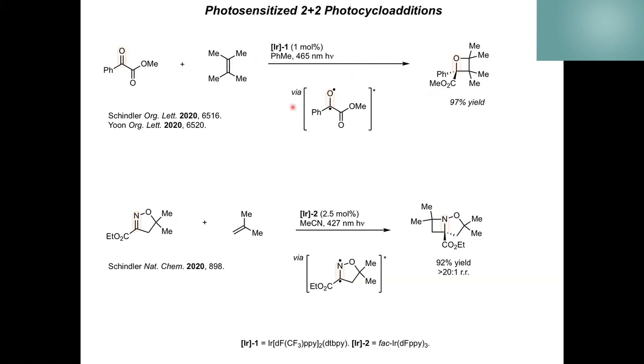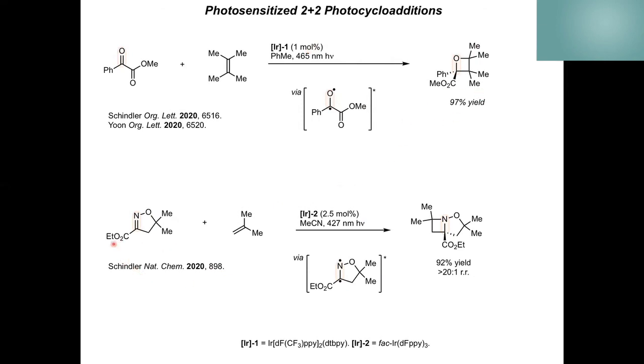And also by using these types of iridium photosensitizers that are activated using visible light, this similarly makes them much more practically easy to do rather than using stronger or higher energy UV light activation.